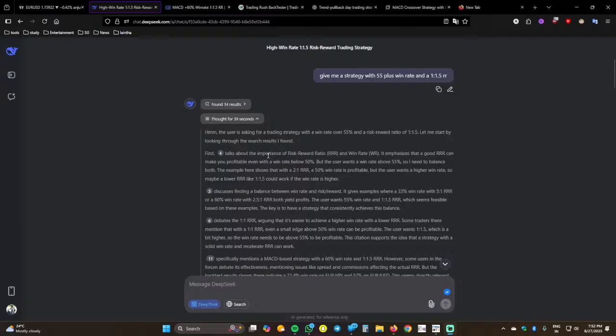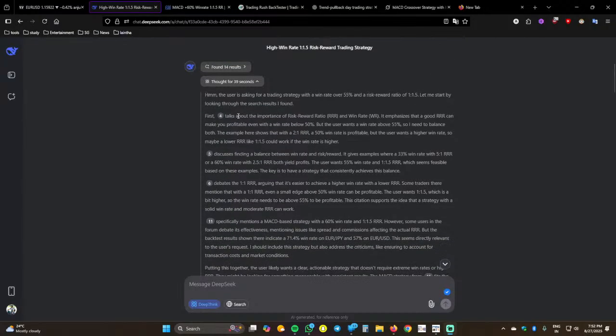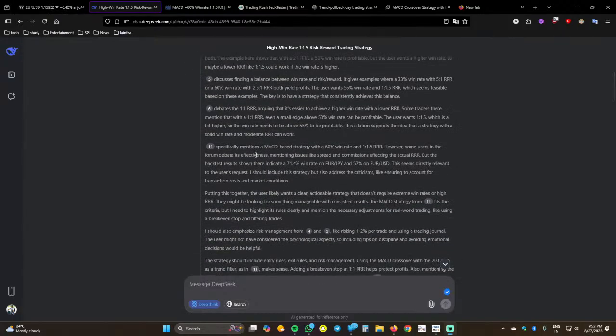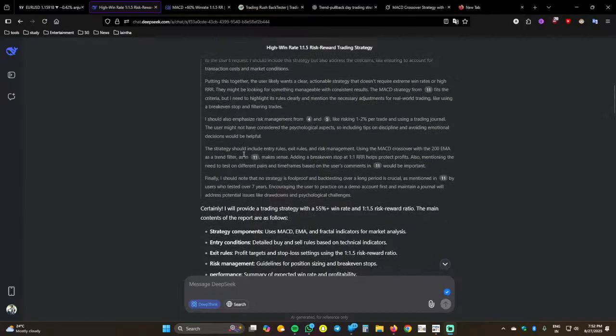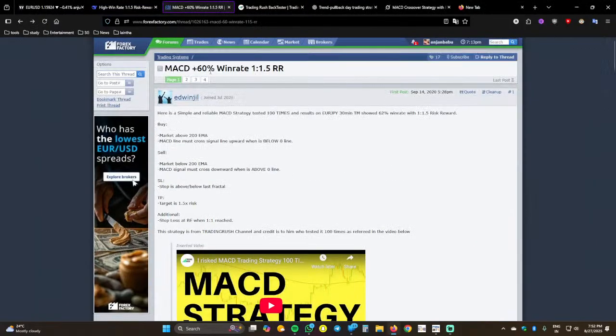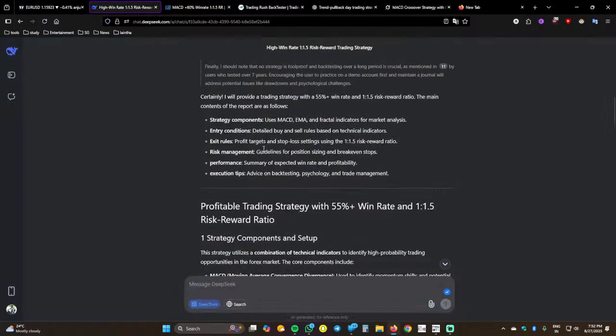DeepSeek was the first AI, which thought for 39 seconds and searched through 14 search results. Of course, it searched Google, and as I already mentioned, it went to this Forex Factory page, and then it told me a simple strategy.